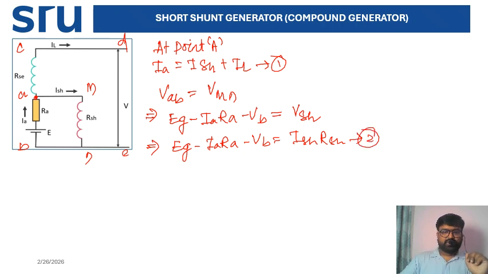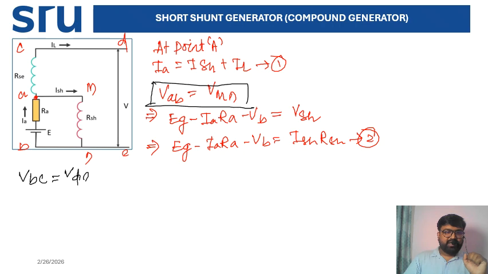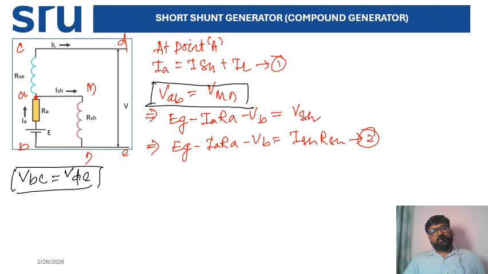Okay. Now another point we will discuss. The small part is over: VAB equal to VMN. Now we will consider the large part. What is that? VBC is equal to your VD, right? VBC means the complete armature circuit will come into the picture.